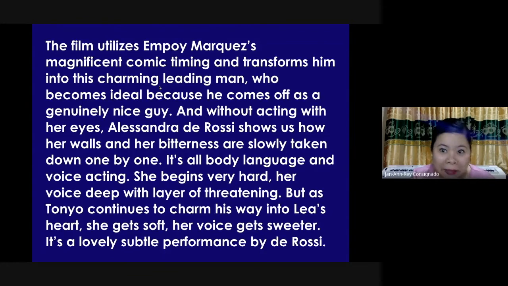It's all body language and voice acting. She begins very hard, her voice deep, with a layer of threatening. But as Tonio continues to charm his way into Leia's heart, she gets soft, her voice gets sweeter. It's a lovely subtle performance by De Rossi.